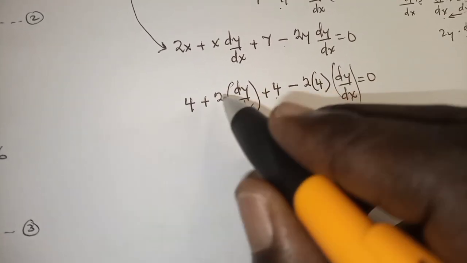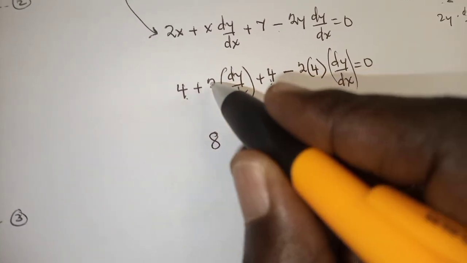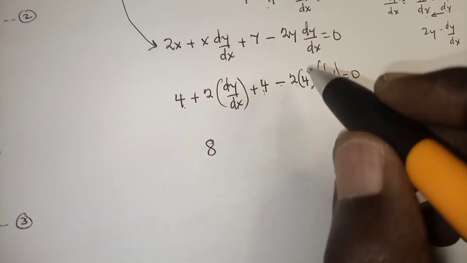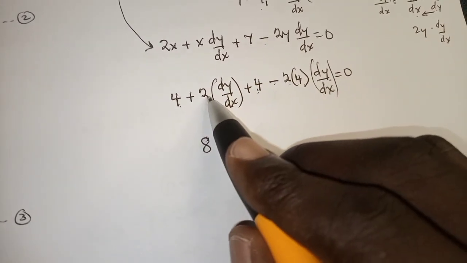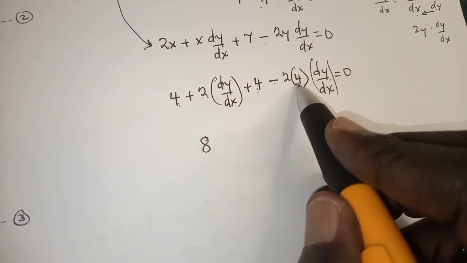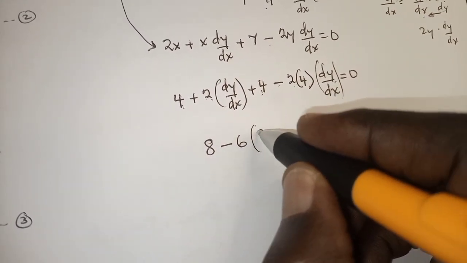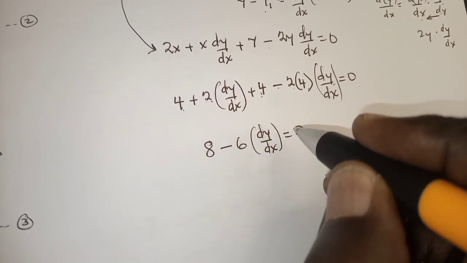So you'll be having 4 plus 4, 8. Then 2 minus 2 times 4. These are like terms, so we add the coefficients. So we have 2 minus 8, which should be negative 6 dy on dx, equals 0.